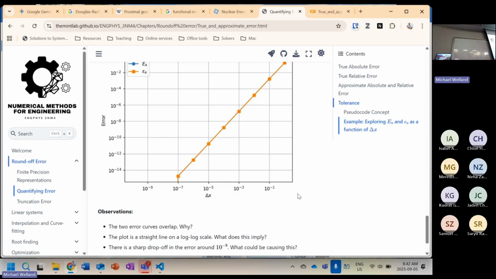Max error? No. The error is what we're calculating. Anybody else? I'm going to pick somebody else. Tolerance? No, not tolerance. Yeah, I'm going to keep going. Row back there, second person in. Yep.